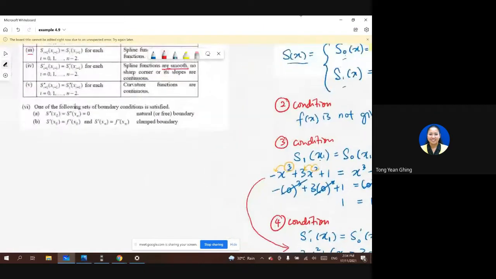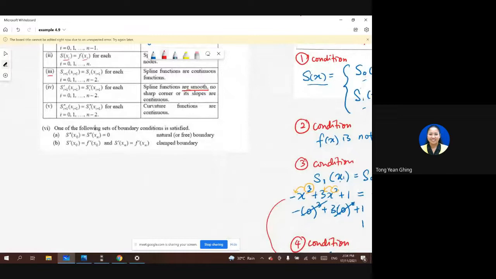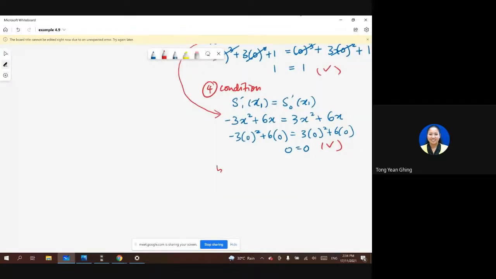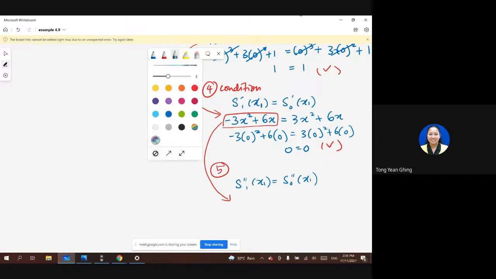And then fifth conditions, the second derivative of S_{i+1} have to be same as second derivative of S_i. So katanya S double prime mesti sama dengan S double prime. Okay, beza lagi daripada yang sini. This equation kena beza lagi sekali lagi. So here 3 bawa ke depan. So become negative 6.